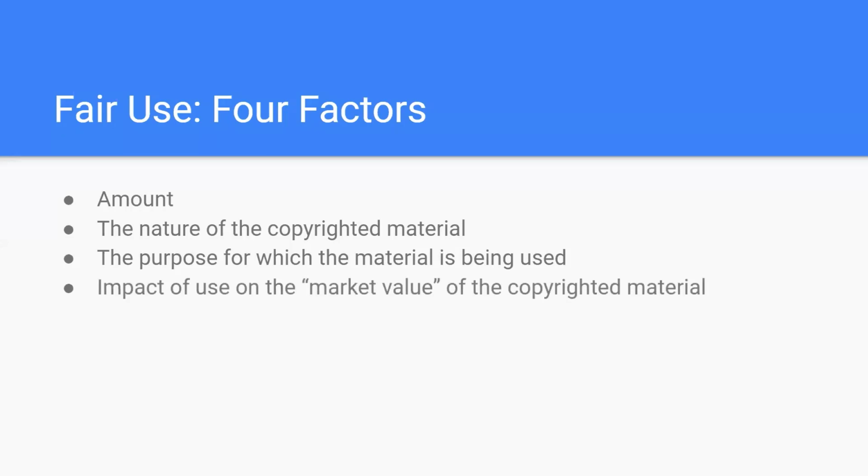And then the fourth factor is the impact on the market value of that copyrighted material. Essentially, by making your own use of this copyrighted material, do you decrease how much money the original will make? Now, I want to be very clear, fair use is very, very complicated.